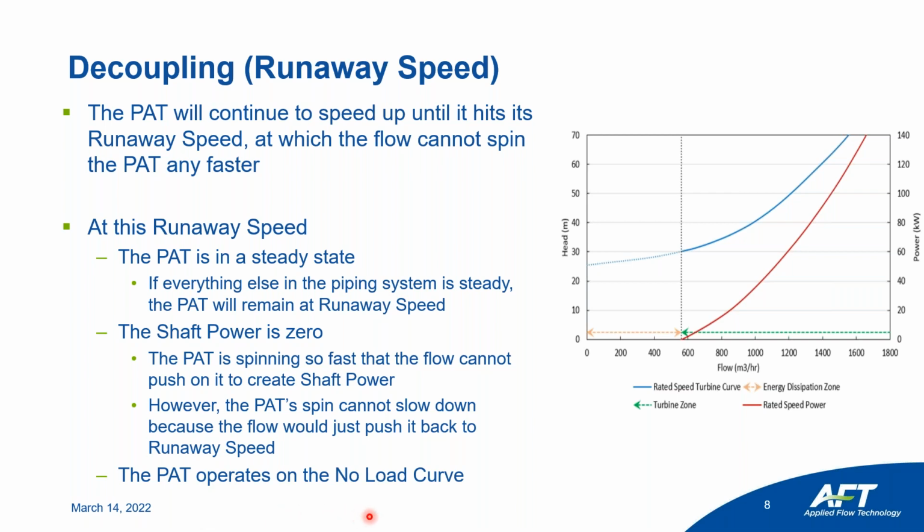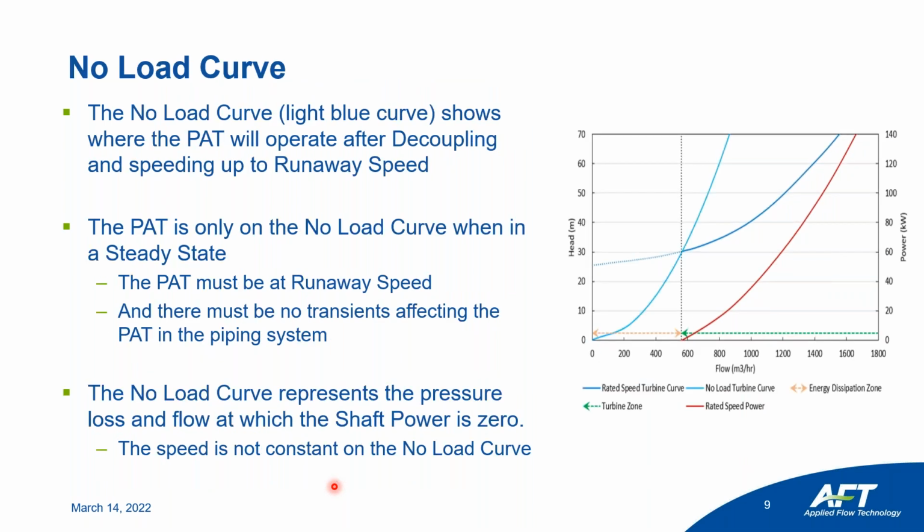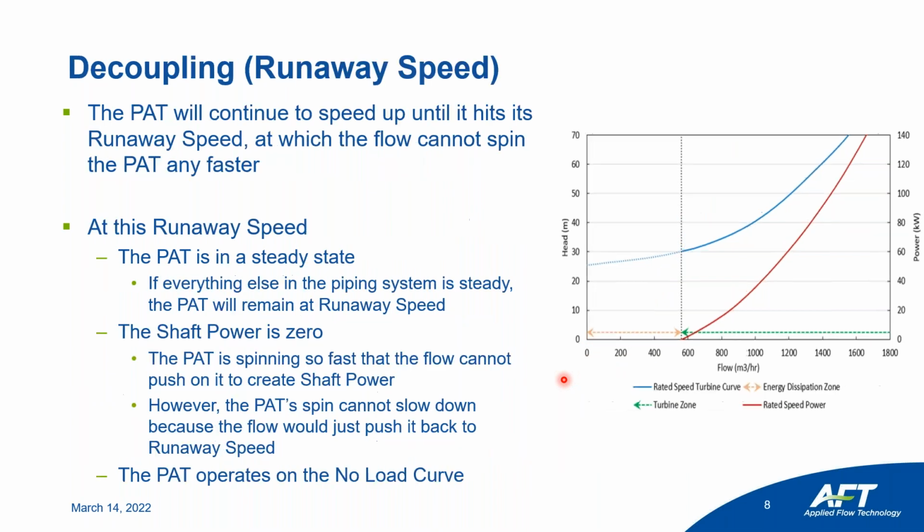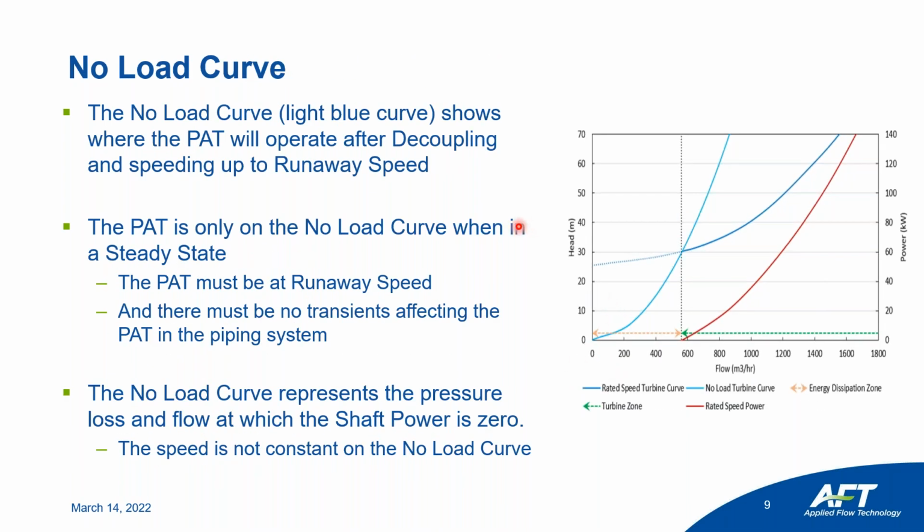The last thing to note about runaway speed when decoupling is the PAT operates on the no load curve, which you'll see shortly when it's at runaway speed. So the no load curve is shown on this chart here as this light blue curve that was added.